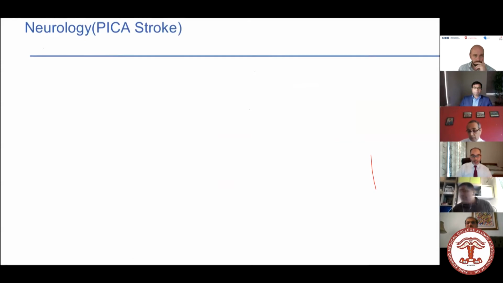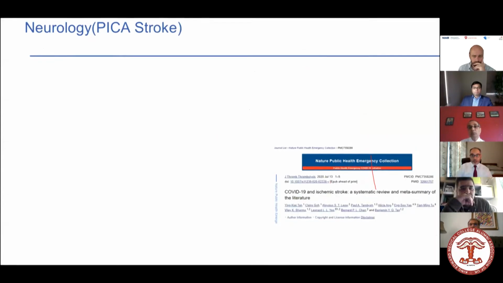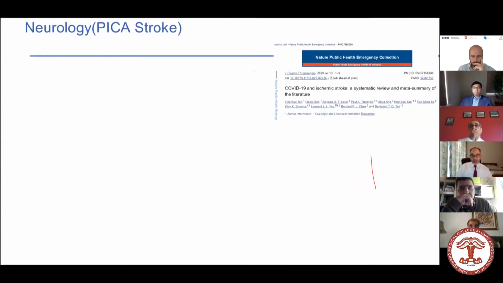But we think that stroke is common. As I said earlier, stroke is common, and that could be an association or a confounding factor with COVID. But how about PICA stroke? On this Journal of Thrombosis paper, again, you can see COVID-19 ischemic stroke. This is quite a comprehensive study on stroke patients, which tells us that COVID is involving large vessel strokes.